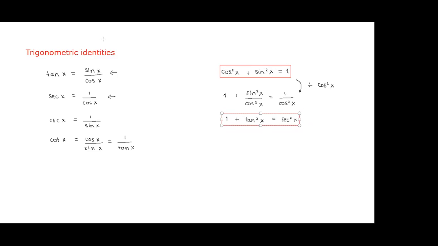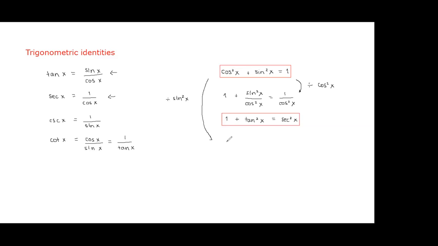Then, if I want to do the same thing, but instead of dividing by cosine squared of x, I divide by sine squared of x, I'm going to get cosine squared of x over sine squared of x.